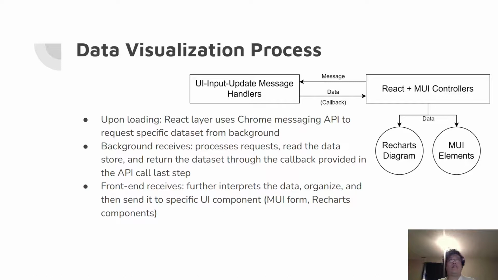This callback is created by the front-end controllers, so that the entire required fetch process is synchronized and sequential. After receiving the data, controllers will pre-process the data, like filtering, sorting, and mapping to fit specific visualization components. And finally, the data will be displayed in the front end.